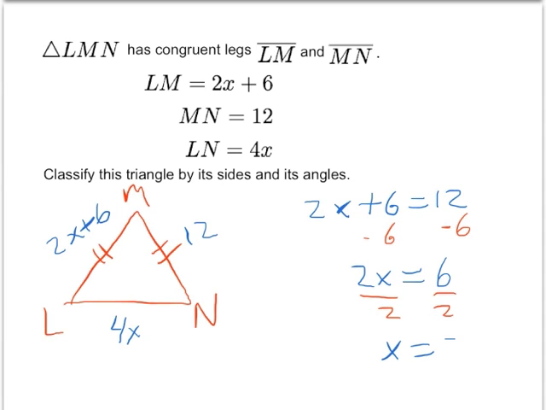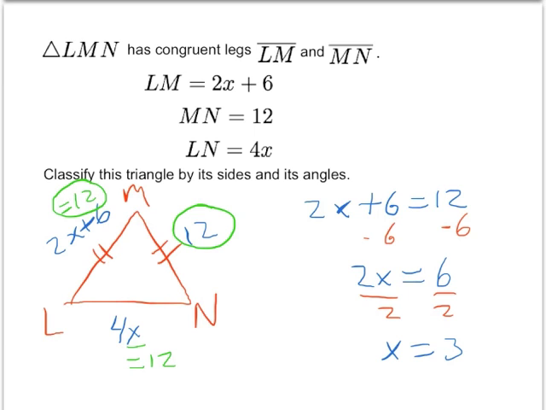So we get x is equal to 3, which means if I plug in 3 for this value of x, then we get 2 times 3 plus 6, which is 12. And that was expected because this length and that length were shown to be equal. However, if we plug in 3 for this length, then we have 4 times 3, which is also 12.